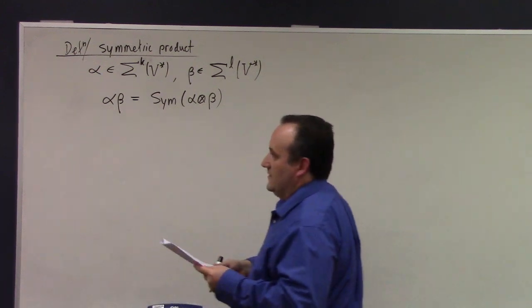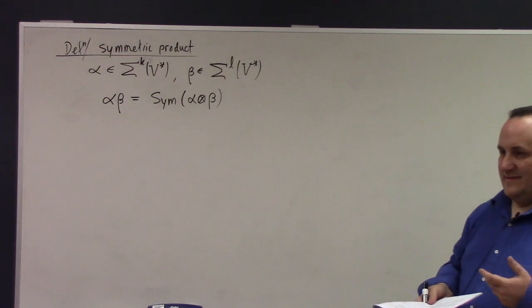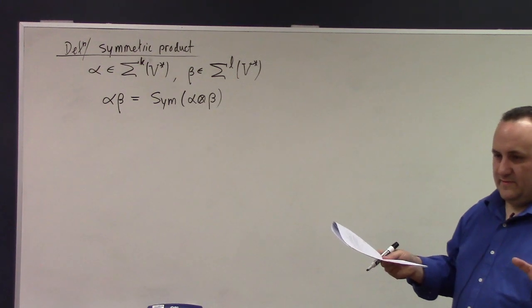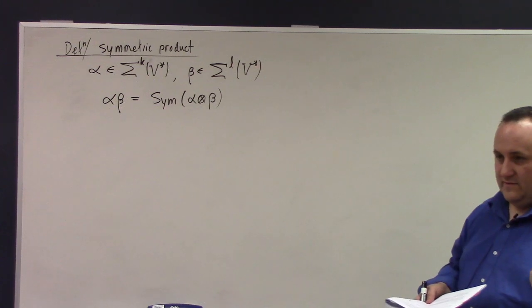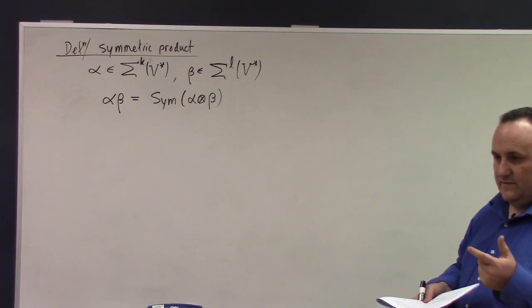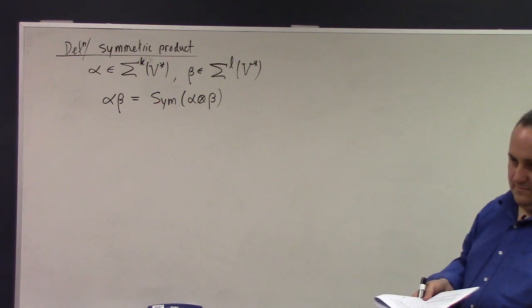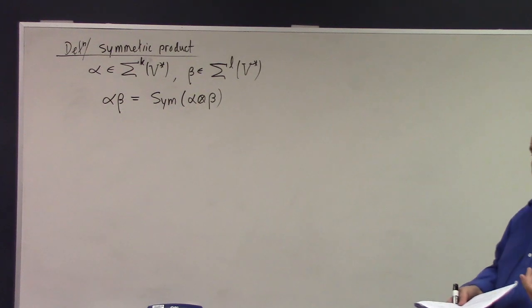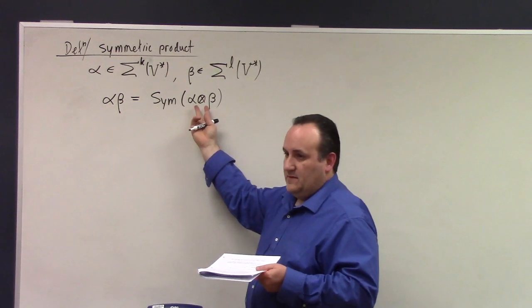Keep in mind that the tensor product of two tensors has been defined previously in the chapter. Basically, it's just the obvious thing. You define it in terms of multilinear maps. If the input to alpha has k things and the input to beta has l things, and you feed k plus l things into alpha tensor beta, you just string out the first k things that go into alpha and the second l things that go into beta, and that is manifestly linear in all the slots and therefore is a multilinear (k plus l)-tensor.